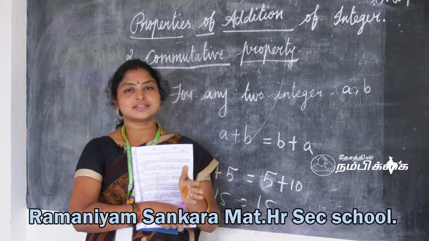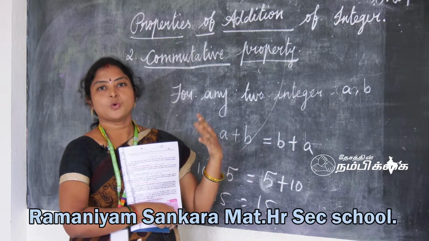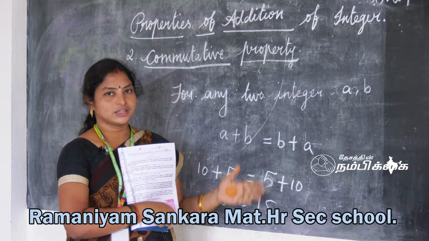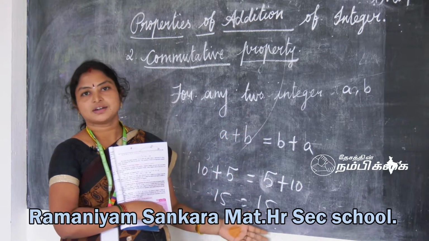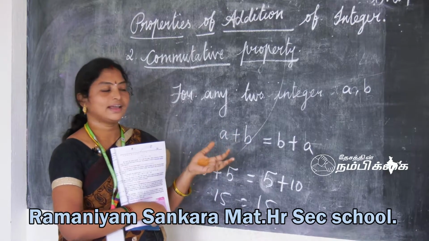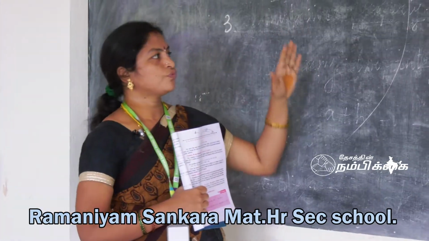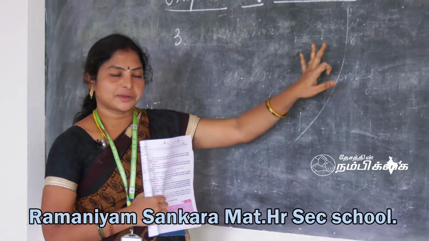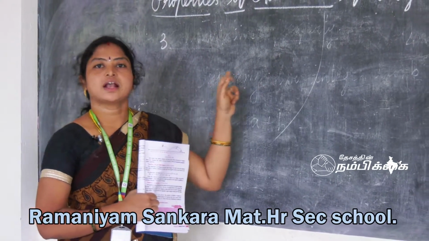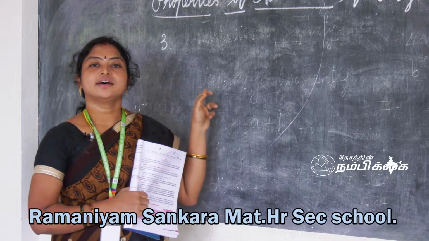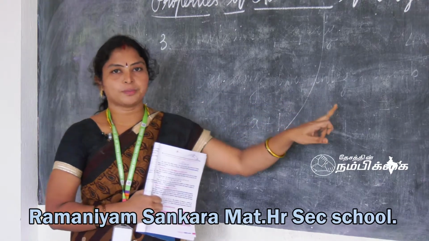In your exercise, they have given more sums. If we practice the sums using these properties, you can clearly understand. So the first property is closure property, the second one is commutative property, and the third one is associative property.